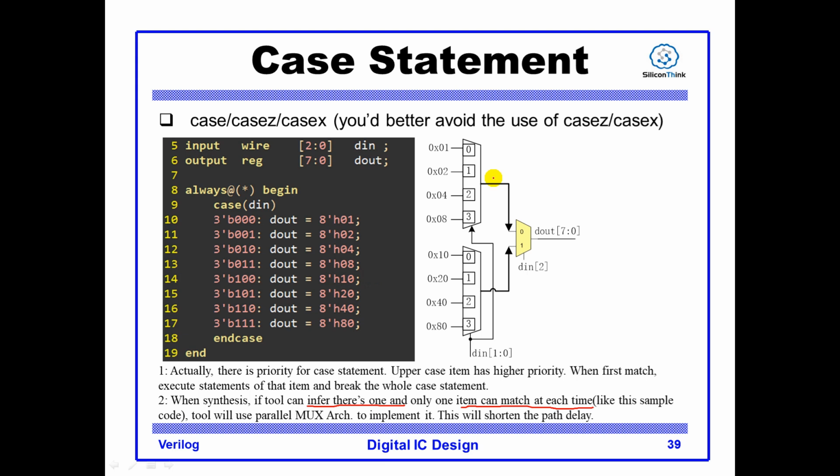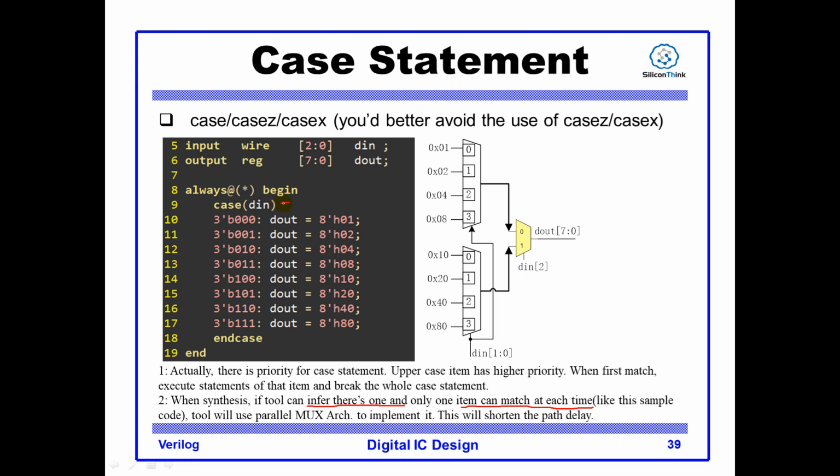This will shorten the path delay. For example, for this code segment, the synthesizer tool can infer there is one and only one item that can match at each time.